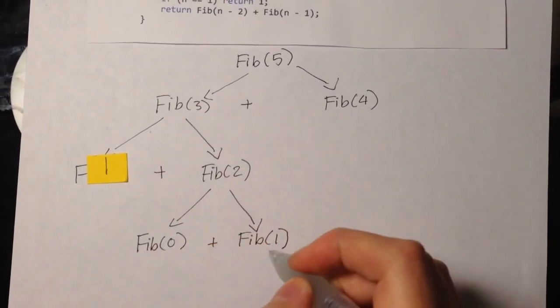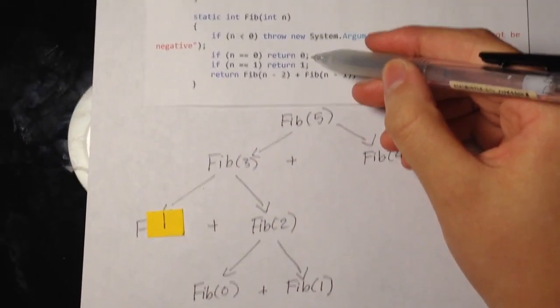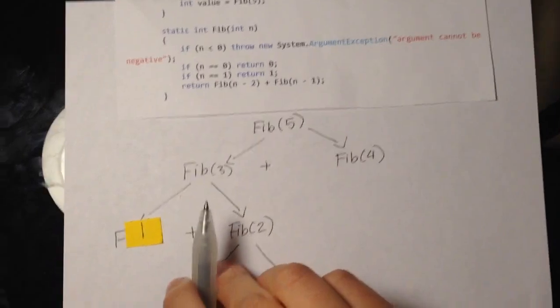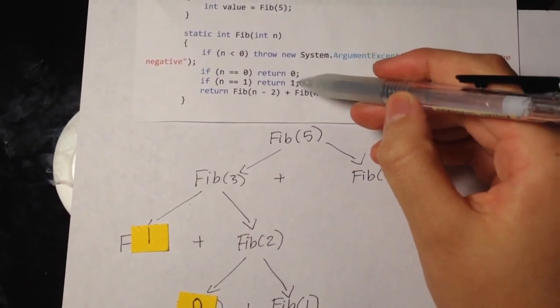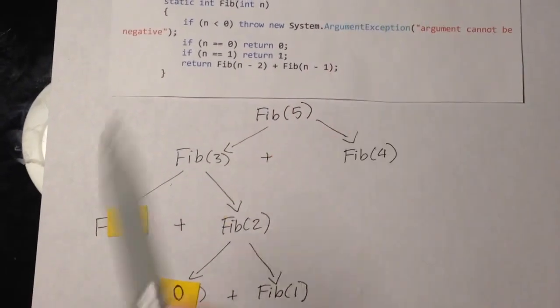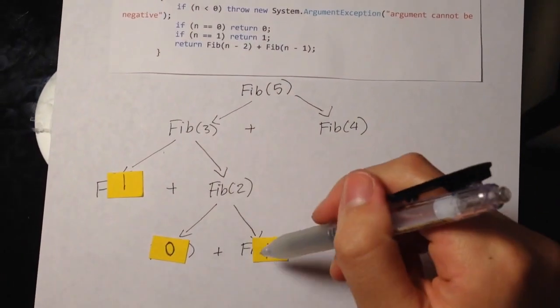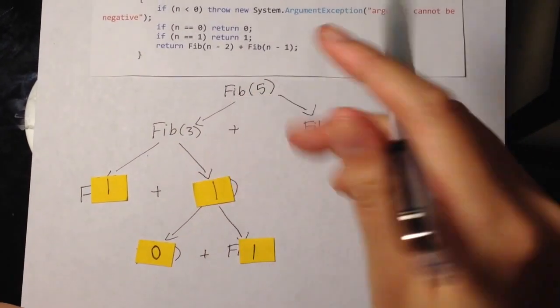So fib of 0 is a termination condition when it is called in the main function, so we return a value of 0. Fib of 1, when it is called in the main function, returns a value of 1. So fib of 2 is 0 plus 1, so we return a value of 1.